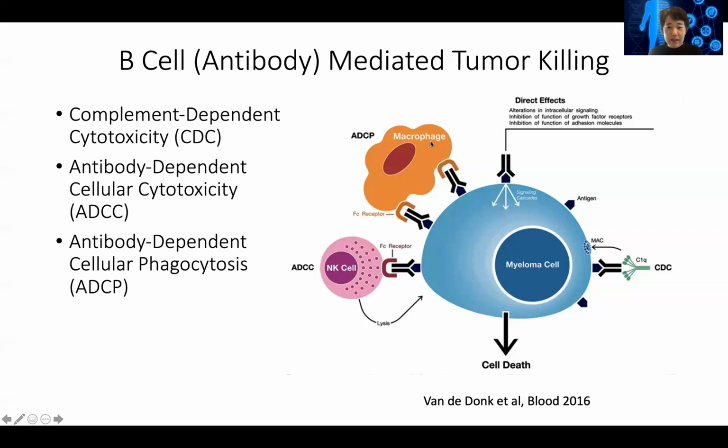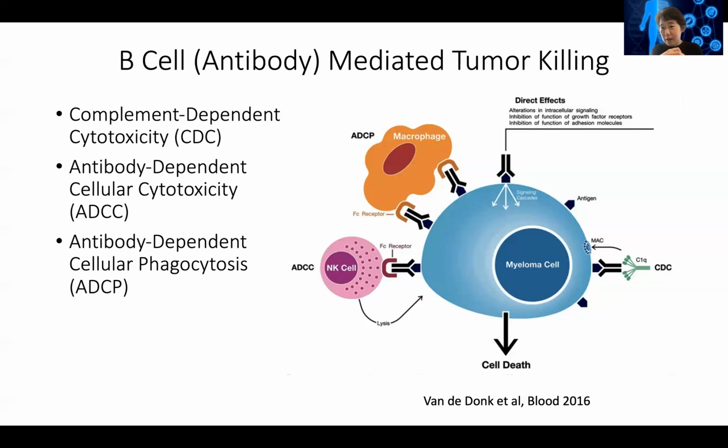And the third is macrophage. This part is quite similar. When you have an antigen being recognized by the antibody, again through the Fc gamma receptor, it can recruit a macrophage. And when the macrophage comes, it doesn't directly kill, it engulfs, it eats up the target cell.